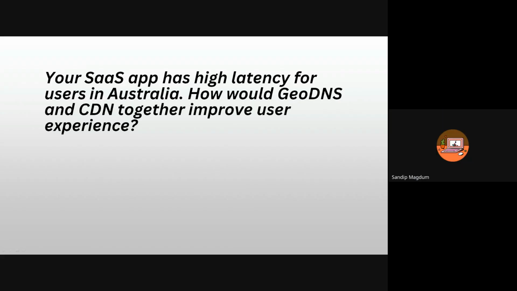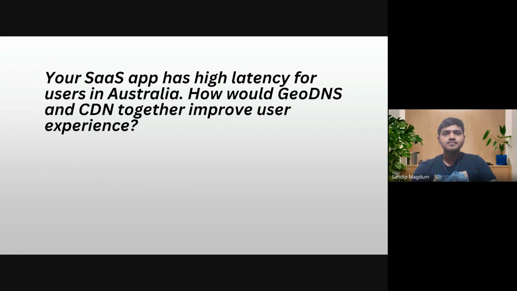Yes. So let's take an example. Consider the SaaS application is hosted in the US. The users in Australia are facing high latency due to the long physical distance between their locations and the origin server.